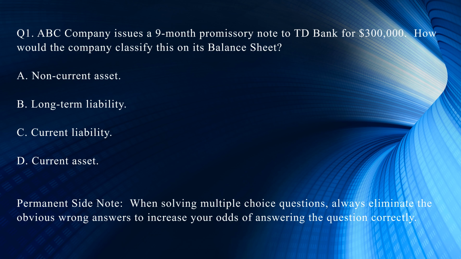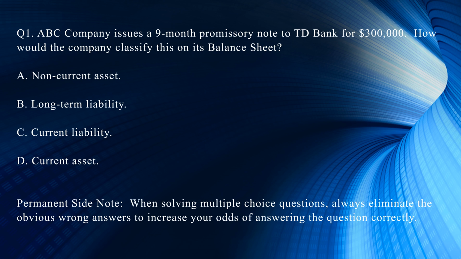Since we're talking about liabilities here, because we're borrowing the $300,000 from the bank, we could eliminate all of the asset answers. So A, non-current asset. No, we're not talking about a non-current asset. We can X that out and move on to the next one. Let's look at D, current asset. Again, we're not talking about assets, we're talking about liabilities. So answer D, we could eliminate as the potential correct answer.